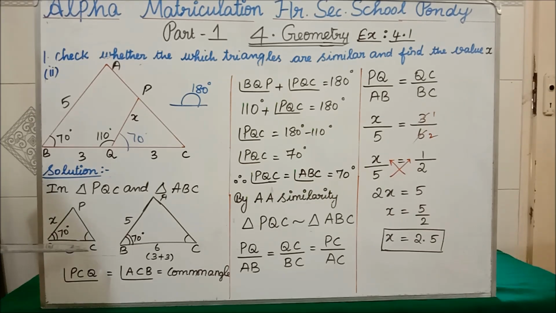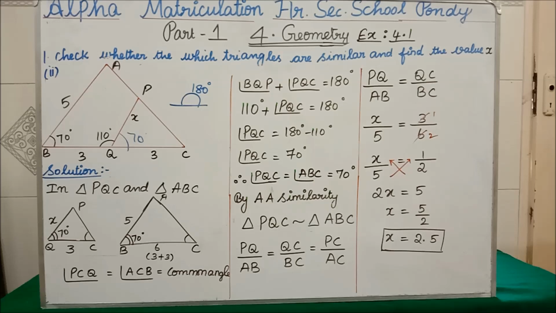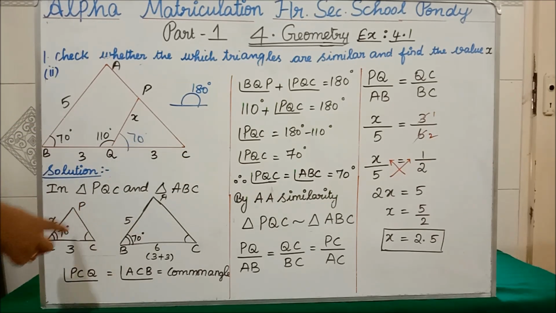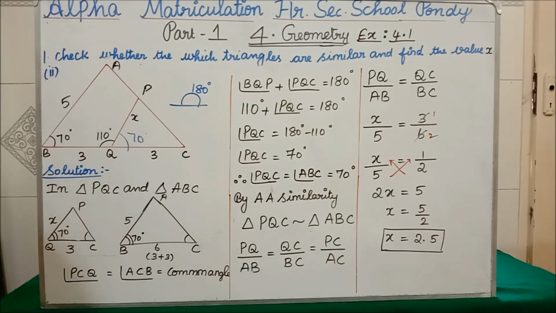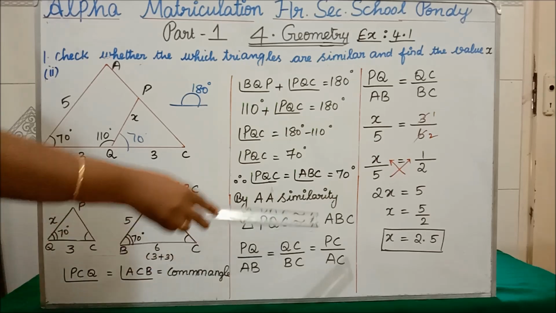So by AA criterion, triangle PQC is similar to triangle ABC.